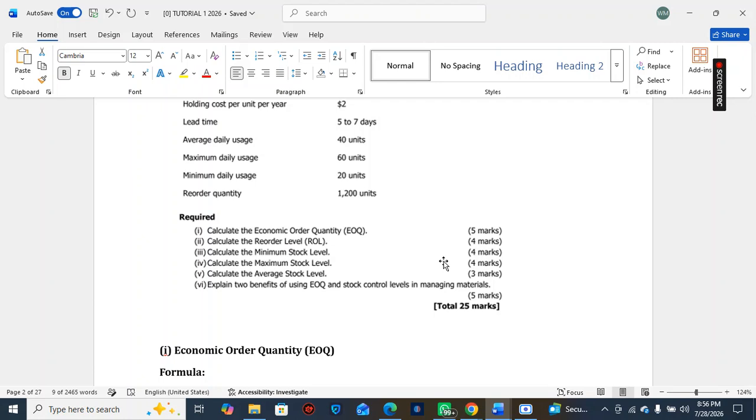That's the minimum level of inventory that you must have in your shop.